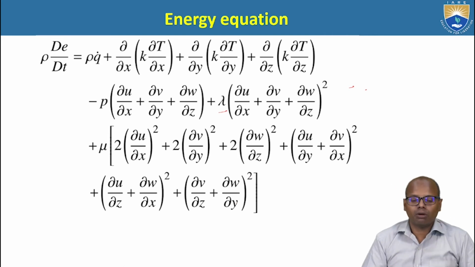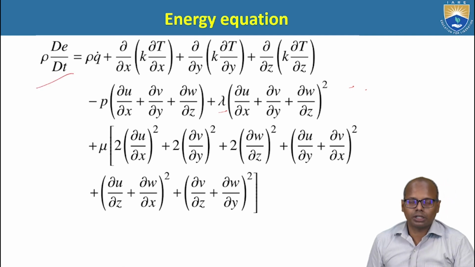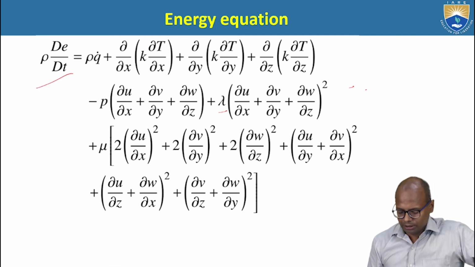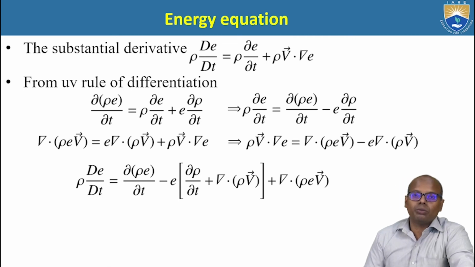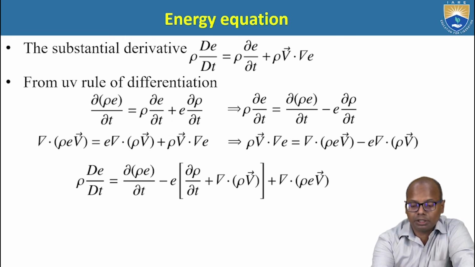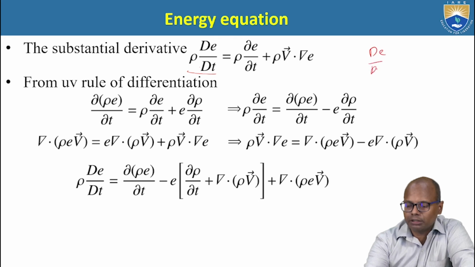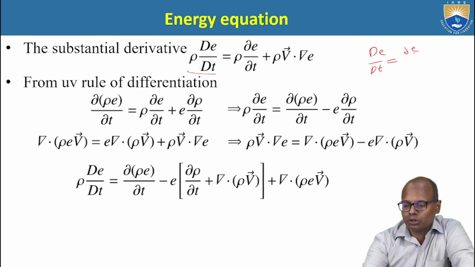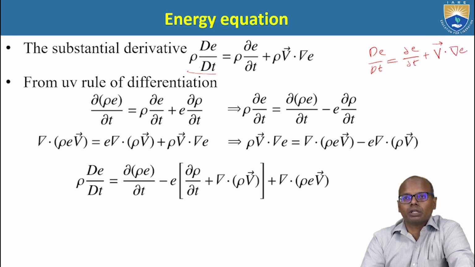Now we will see what to write for this one. What is rho into dE by dt? Now from the substantial derivative, what I have is rho into dE by dt. So dE by dt, if I put the equivalent of the substantial derivative, what I will get is dou E by dou t plus V bar dot del E. So this is what I will get.